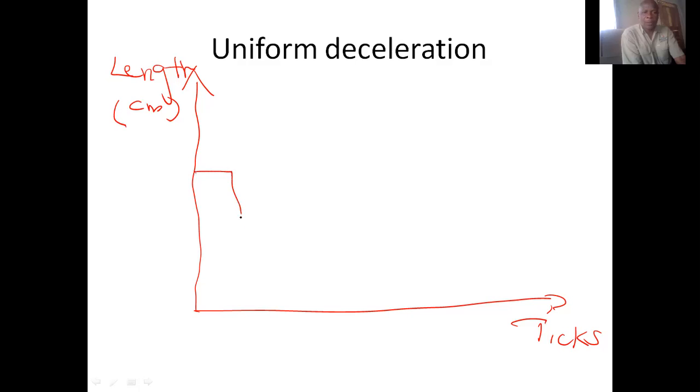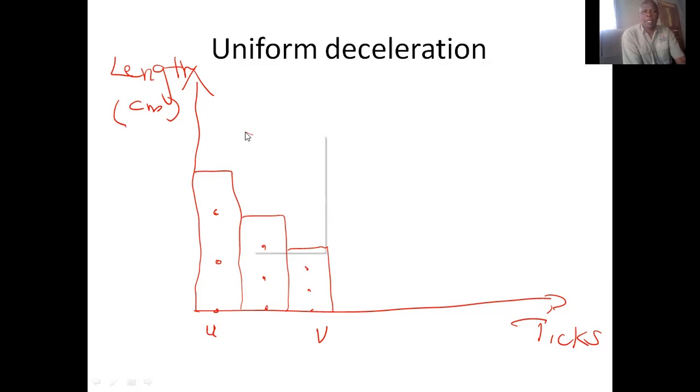For example, if you have three dots which are evenly spaced but decreasing, this one becomes our initial velocity and that one becomes our final velocity.